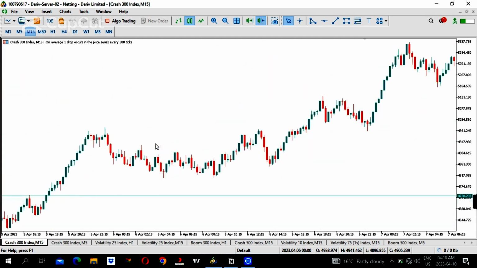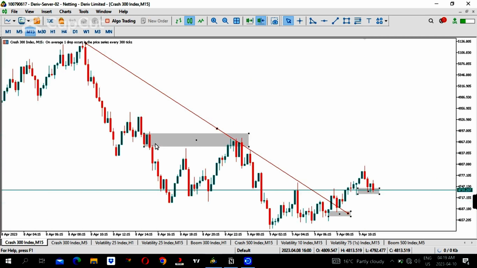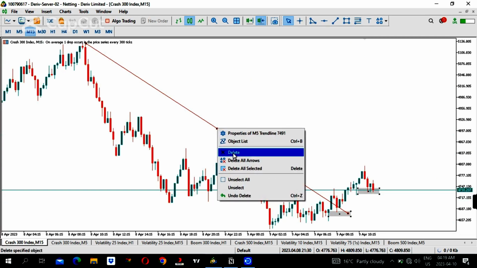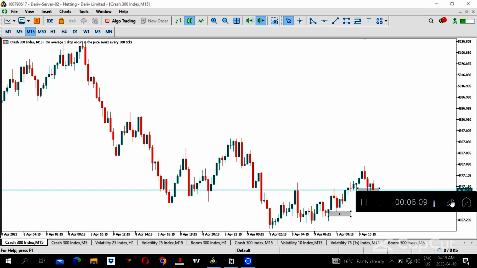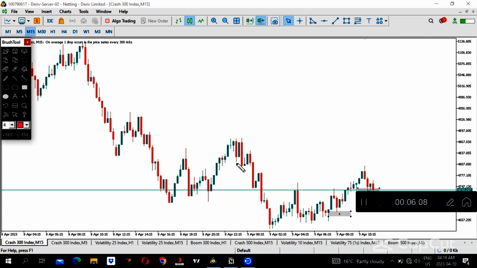There is also support and resistance. These are your horizontal levels. What do I mean by horizontal levels? Let me take the pencil again. Whenever the market changes, you've got your supply or support or resistance.